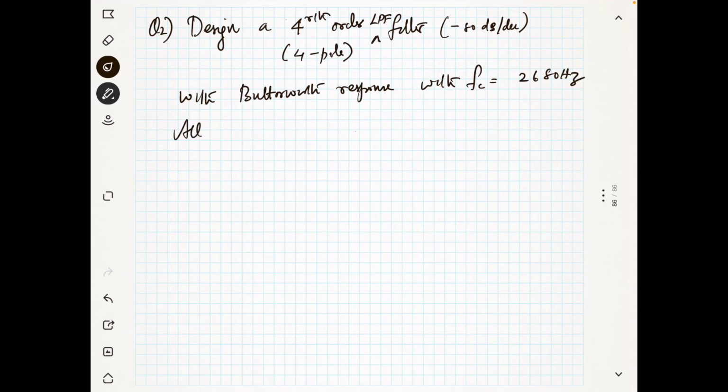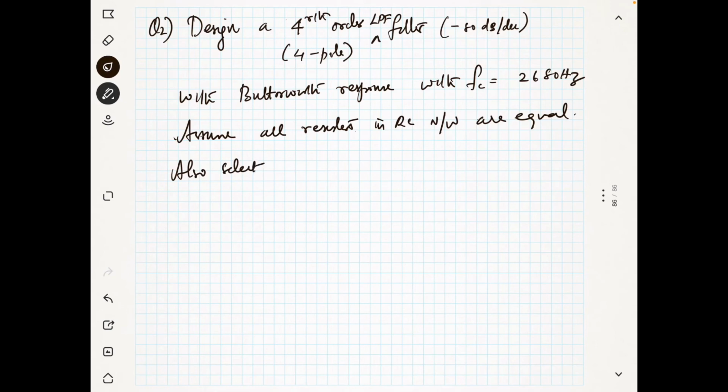Assume all resistors in RC networks are equal. Also select the values for the feedback.